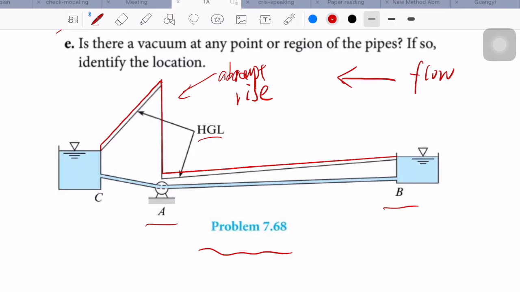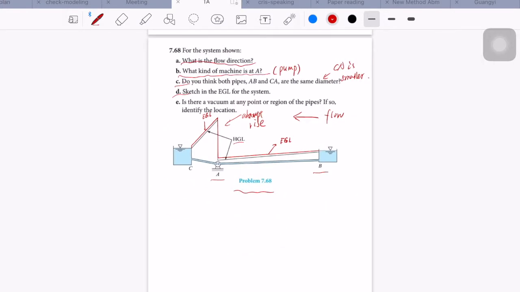So the red solid line is the EGL. Since the machine at A is a pump, we can see that there is an abrupt rise. And then since the diameter of pipe CA is smaller, the slope is steeper.